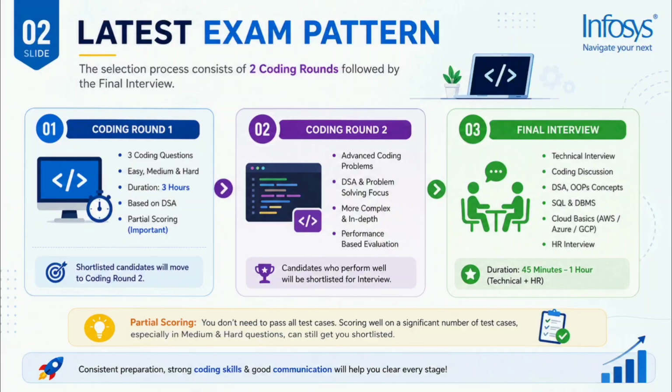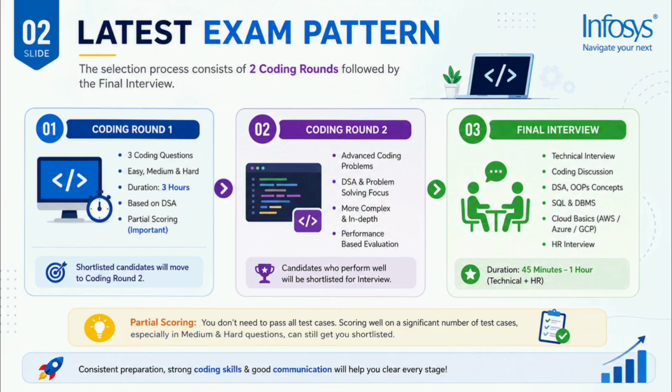One more important thing to remember is that Infosys uses partial scoring. This means you don't necessarily need to pass every single test case to score well. Even if your solution passes a significant number of test cases, especially for the medium and hard problems, you can still earn good marks.